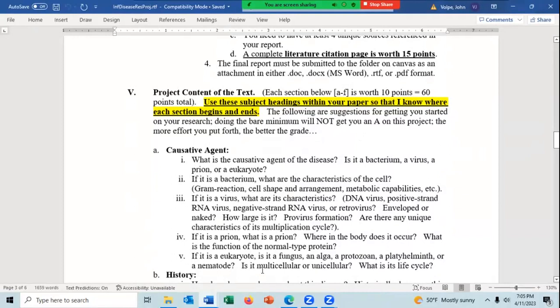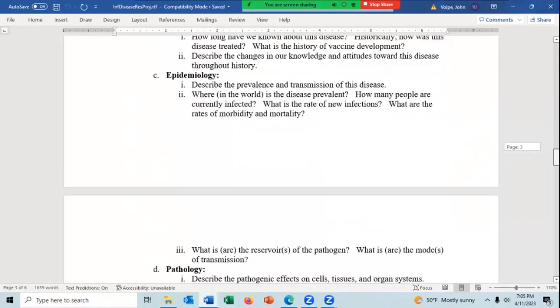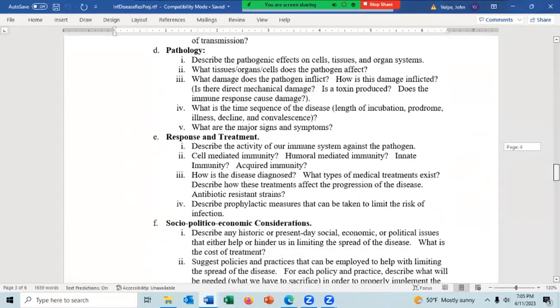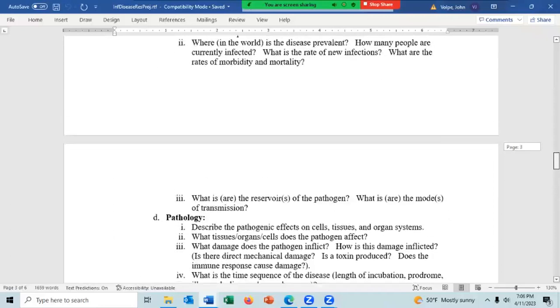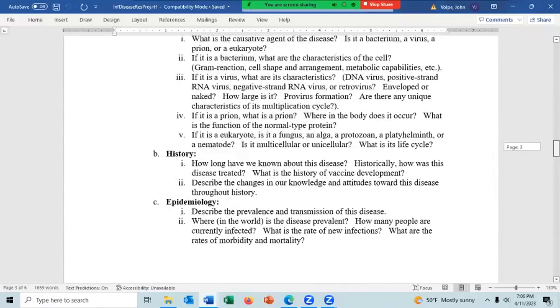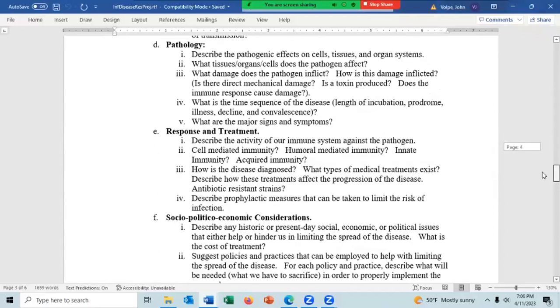And then you talk about the causative agent. I'll come back and talk about that. And then you have the next heading, history, talk about the history, epidemiology, talk about epidemiology, etc. And then talk about pathology, response and treatment, and then the social, political, economic considerations. Okay? If you don't have those headings, you'll be marked down 6 points because there's 6 different headings.